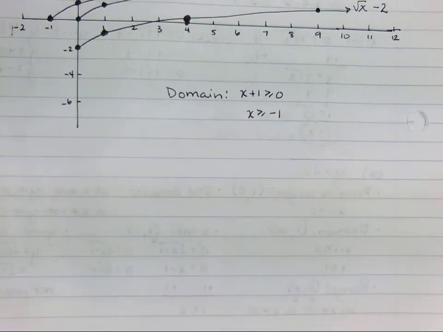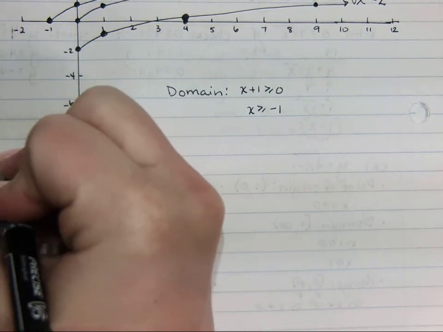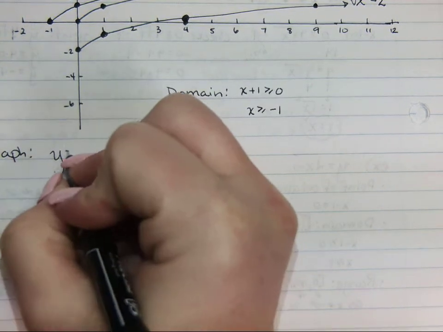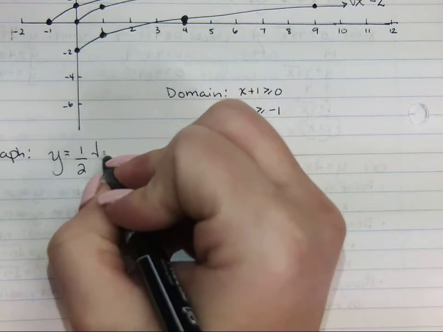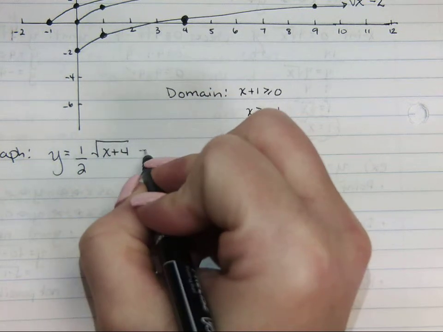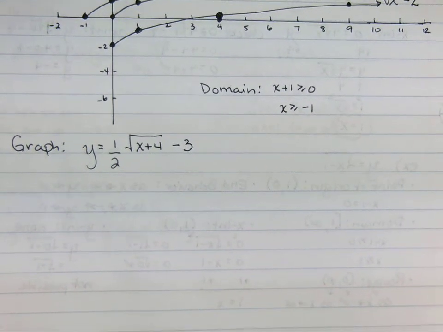So let's just shift this up for a second. And let's say I want to graph specifically y equals 1/2 the square root of x plus 4, minus 3. So I want to graph this function.